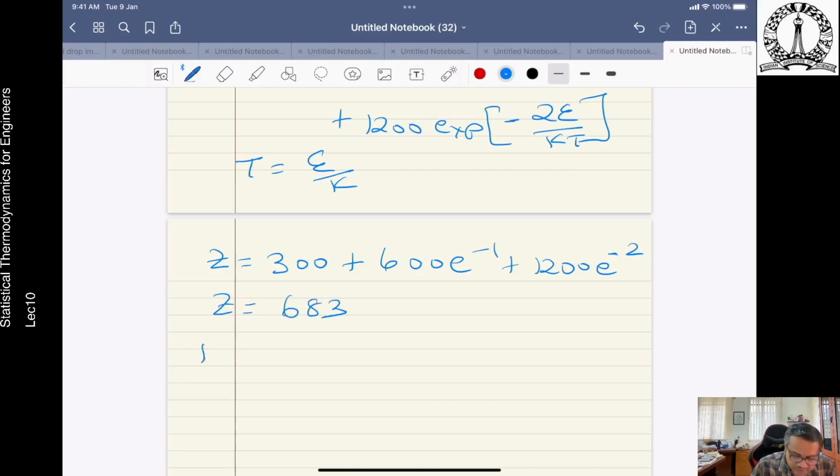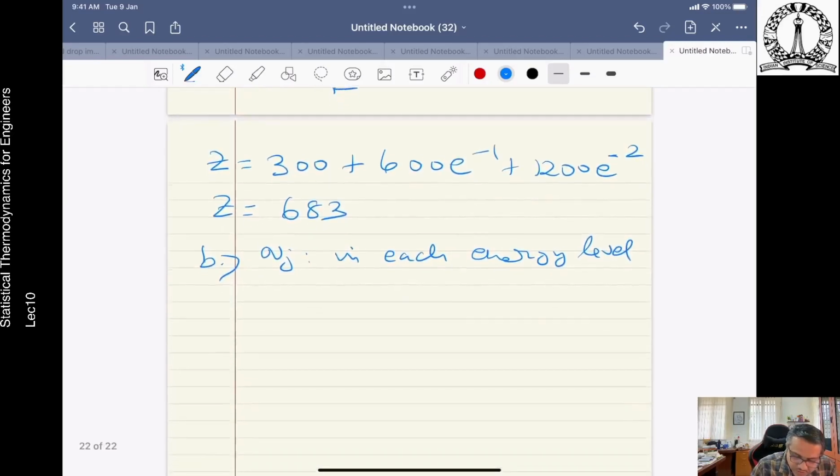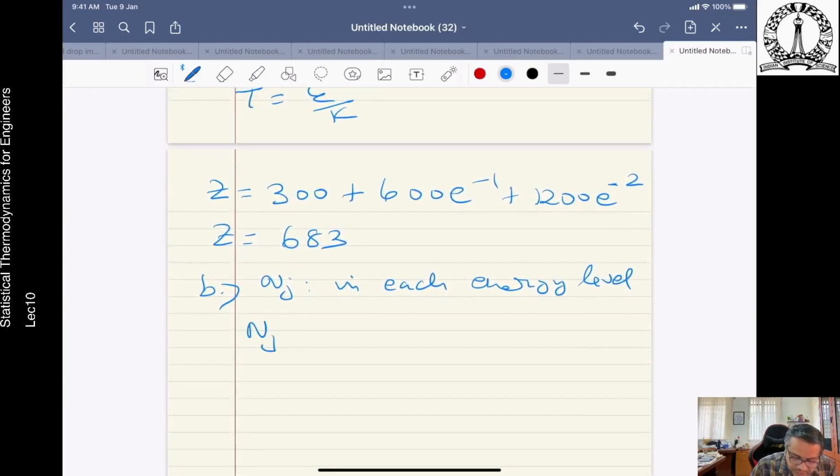Now the next question is to find the number of particles, Nj, in each energy level. Nj by N is equal to, as we already know, Gj exponential minus Ej by kT divided by the total partition function.